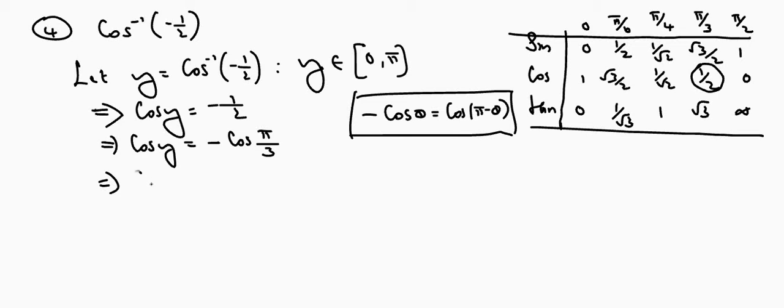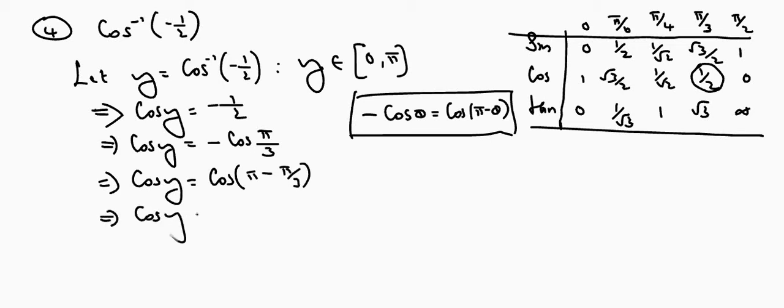The next step is cos y equals cos of pi minus pi by 3. We get cos y equals cos 2 pi by 3, so y equals 2 pi by 3.